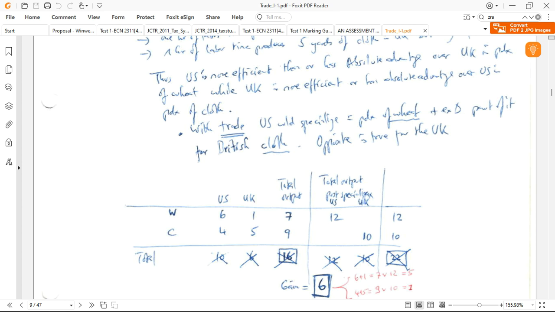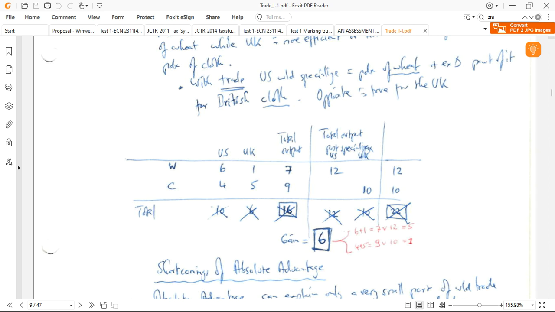Both outputs will increase, right? So this is what we are seeing here, that output has increased for these two commodities. So practically and truly, at the end of the day, output is going to increase for both products due to specialization as a result of absolute advantage.